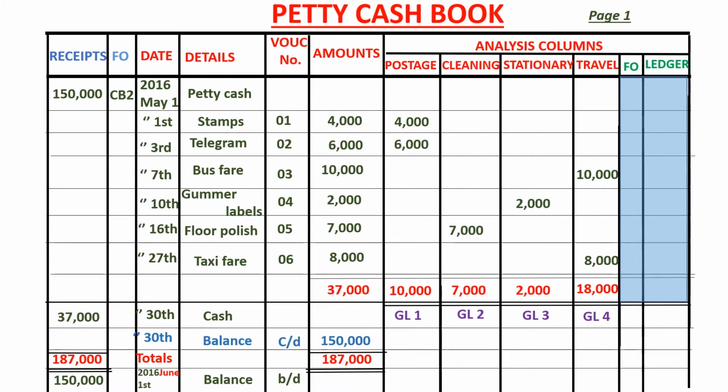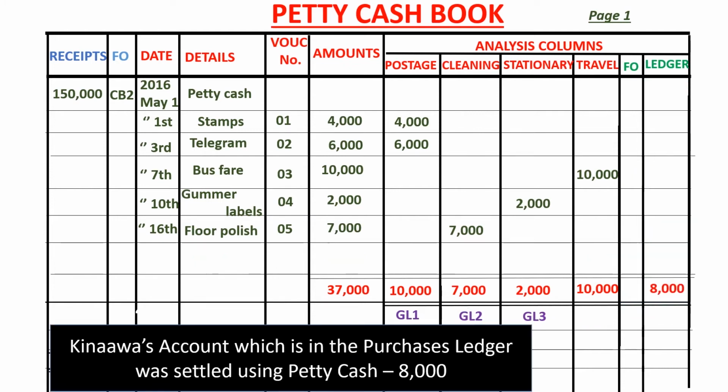Let me illustrate this. Let's say that a supplier was paid using petty cash. This means the supplier's account is not in the general ledger, but rather in the purchases ledger. When this happens, we put the supplier's figures in the ledger column. Now let's say Chinawa. Chinawa's account of 8,000 is in the purchases ledger, and it was settled using petty cash on the 28th.